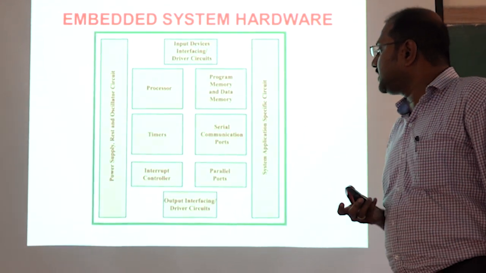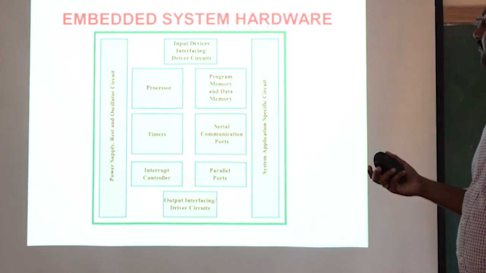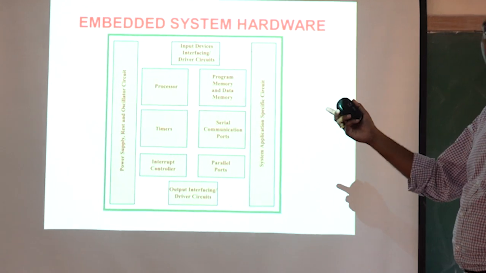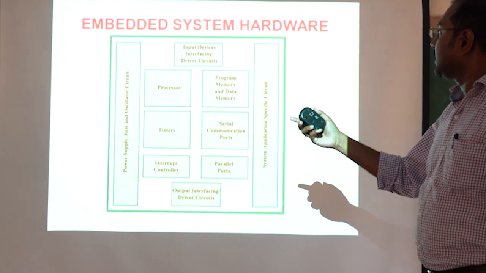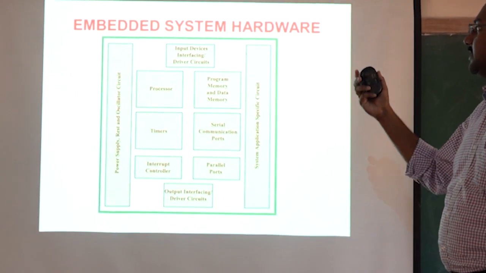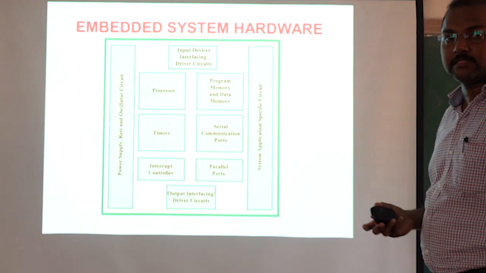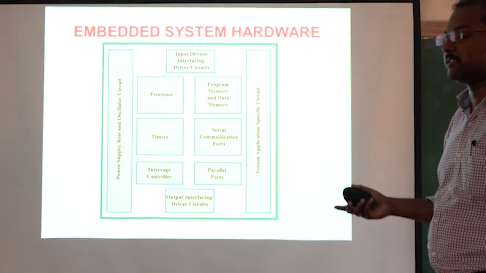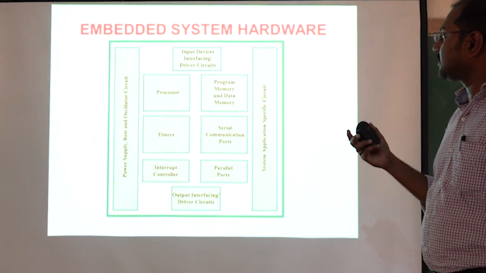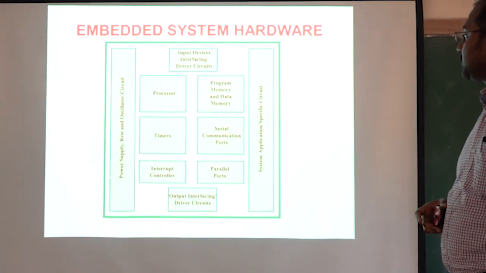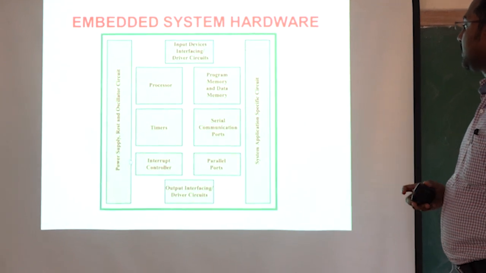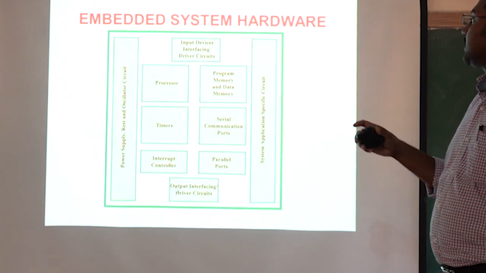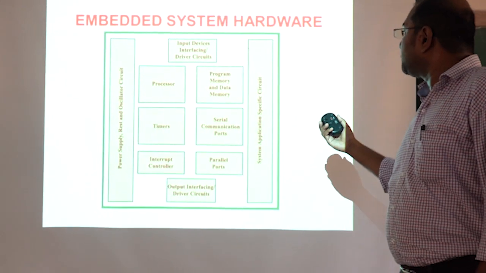First one will be the power supply, reset, and oscillator circuit. That is one of the modules present. Next will be the input devices and output devices. You may already know what input devices and output devices are, and then the processor, timer, and interrupt control, and memories.